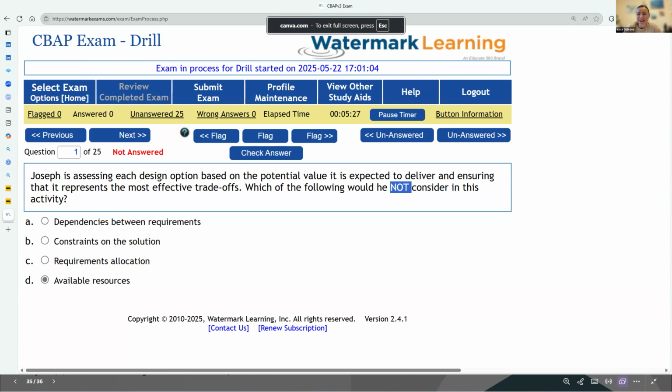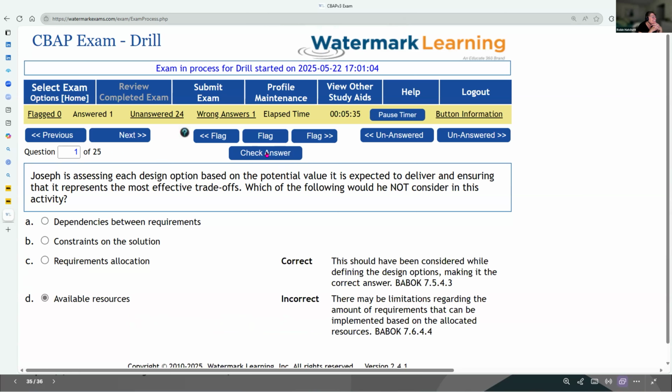I might be wrong. I'm hearing crickets. It sounds good. Okay, well, I'll go test with it. Requirements allocation should have been considered while finding design options. And we are actually in 6. We are in analyze potential value.